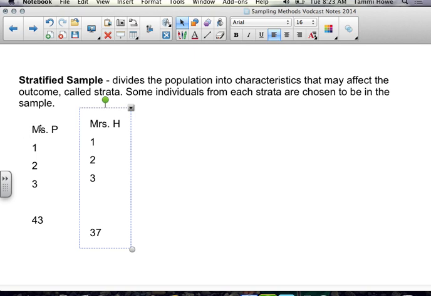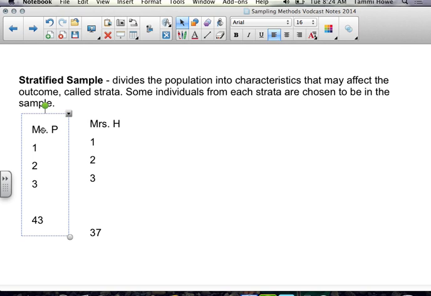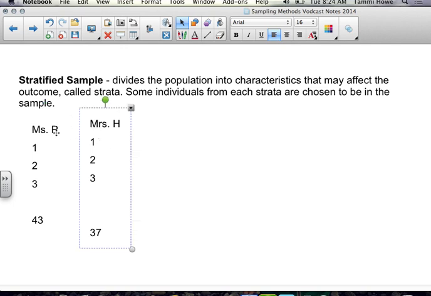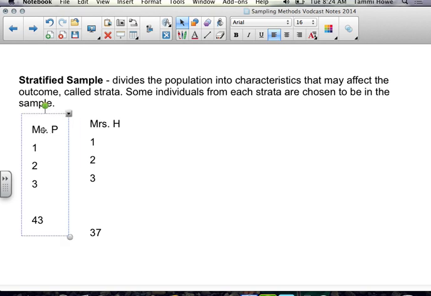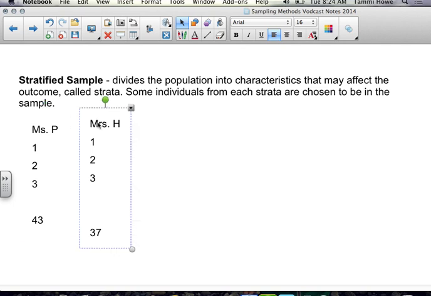Miss Peterson does have slightly more students, so maybe I find out proportionally, 43 out of 80 is whatever percentage, and 37 out of 80 is whatever percentage. And maybe it ends up that I take 6 out of Miss Peterson's classes and 4 out of Mrs. Howe's classes, and that becomes my sample, and that becomes my X bar.